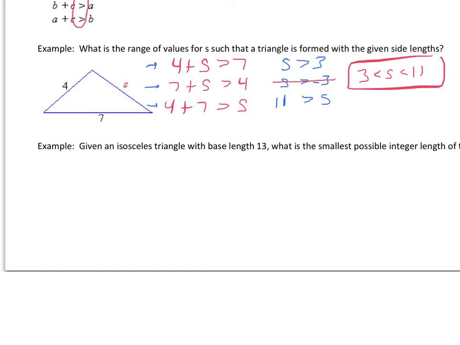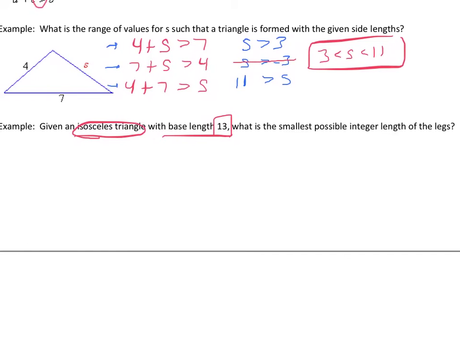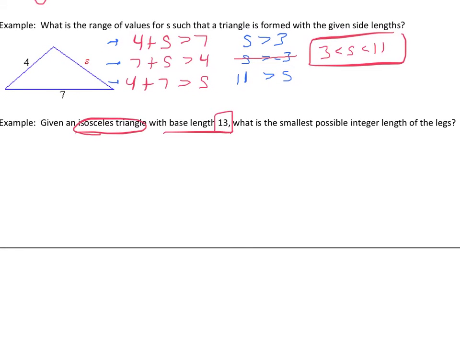The next one: given an isosceles triangle with base length 13, what is the smallest possible integer length of the legs? If we draw that out, an isosceles triangle with base length 13, we do not know these two lengths, but we do know that they are the same because it's isosceles.